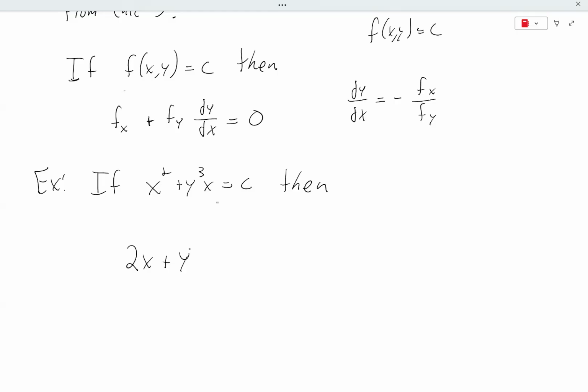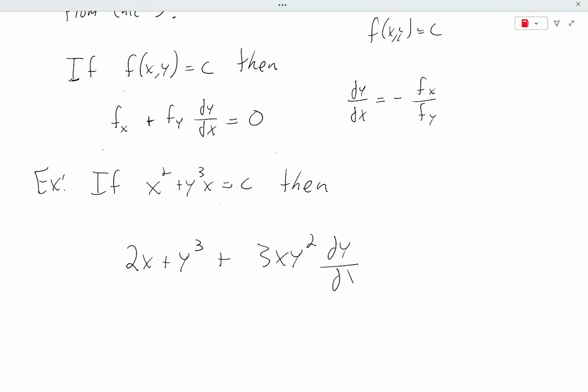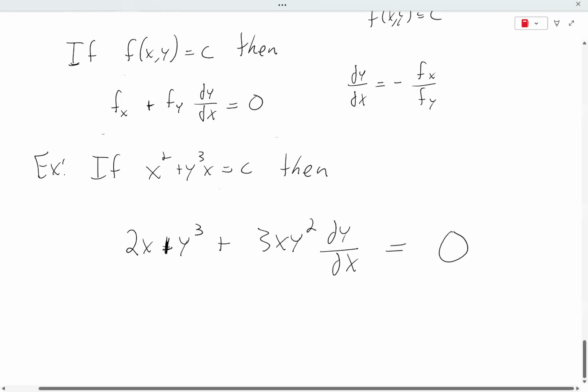I'm just writing this down now. Plus, now the partial with respect to y, that would drop off there, that would be 3y squared x, or 3x y squared, dy dx is equal to 0. Just as an example, using this thing here.